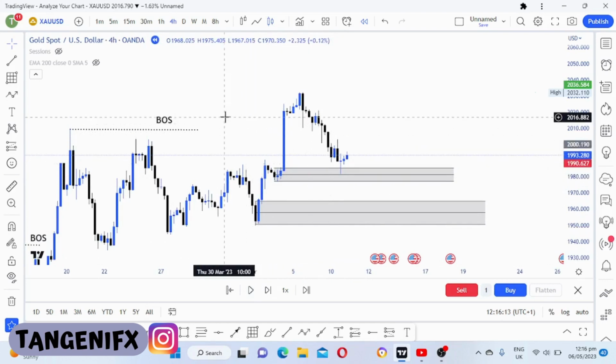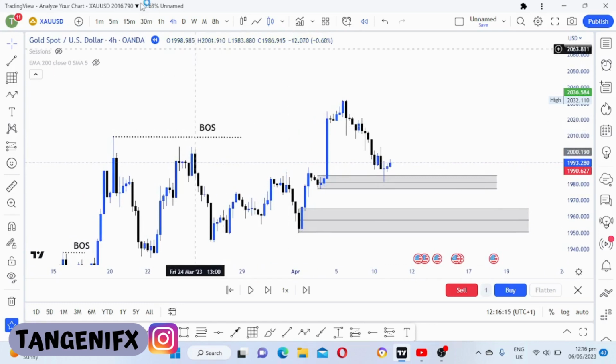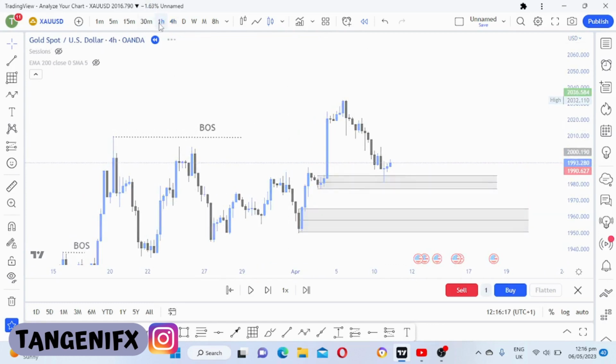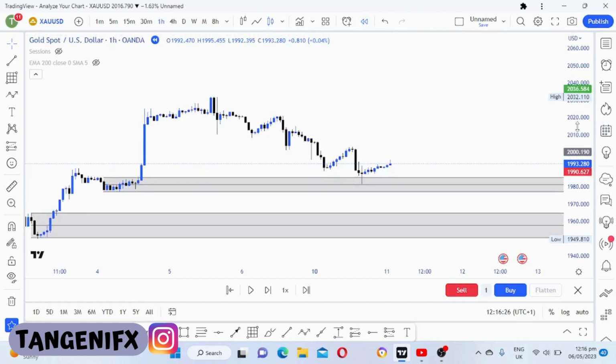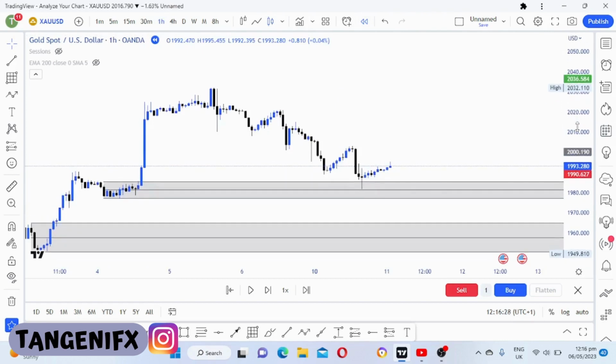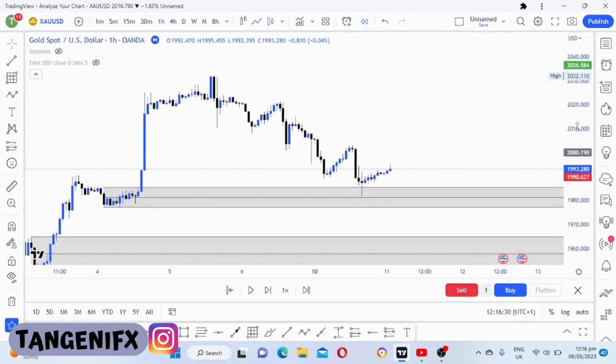Now let's go to the lower time frames. Let me say H1. So my lower time frames are H1, M30 or M15. As I said, this will be a downtrend. It is just a pullback, guys.